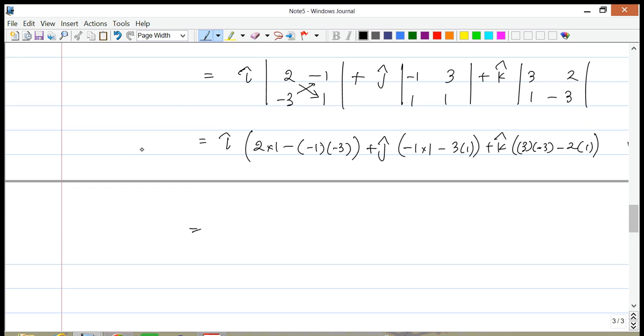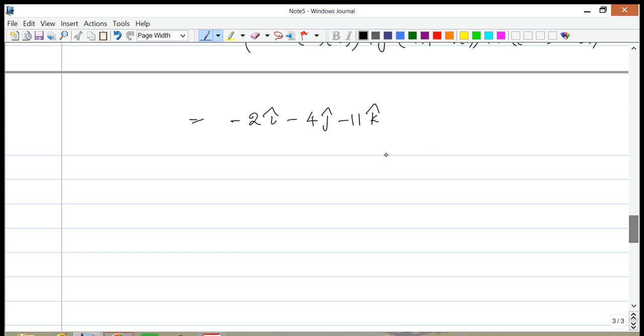So this ends up becoming 2 times 1 minus 2, so minus 2 i hat, minus 4 j hat, and minus 11 k hat. So this gives us the vector A cross B.